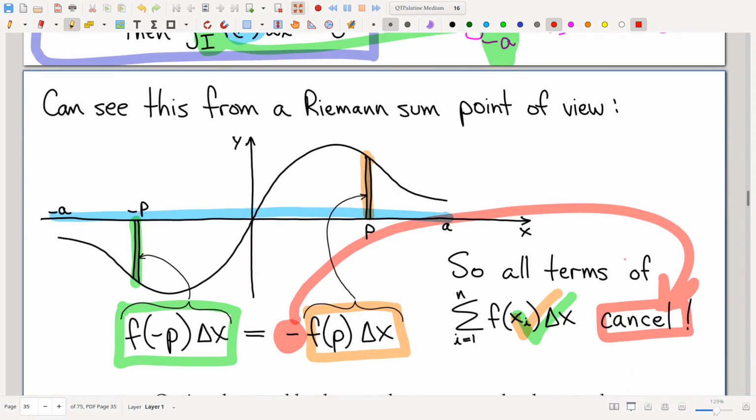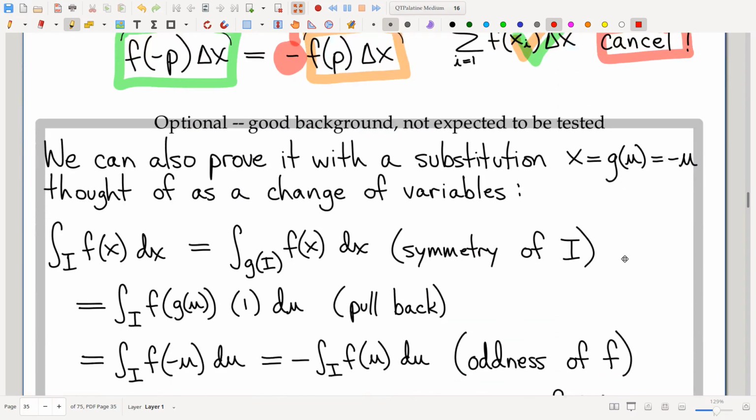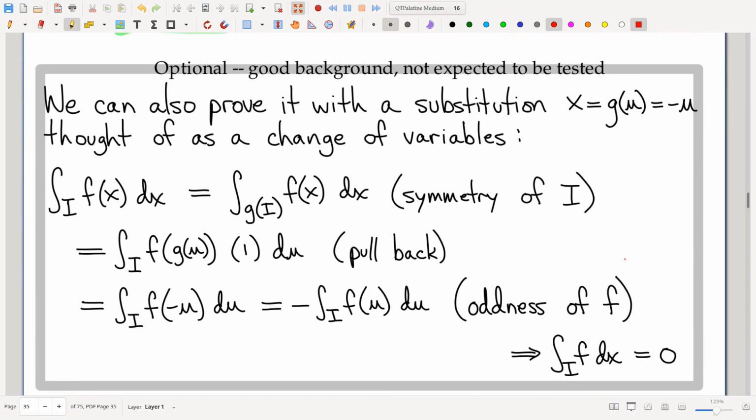Here's a different take. And this is the one that I think is really kind of better. We don't have to decide, but this is certainly better in one way. We're going to use a change of variables. And remember, our single variable change of variables is just substitution, what a lot of students call u-substitution.